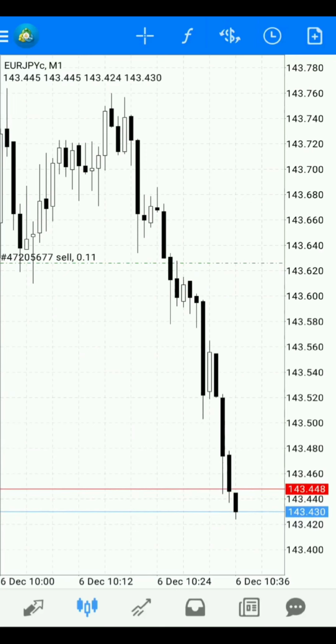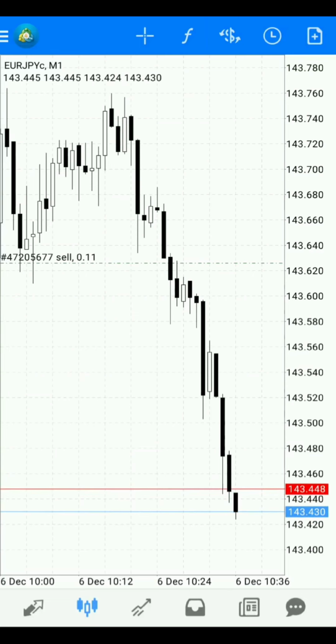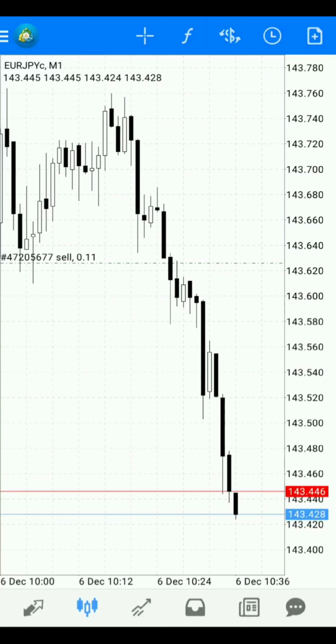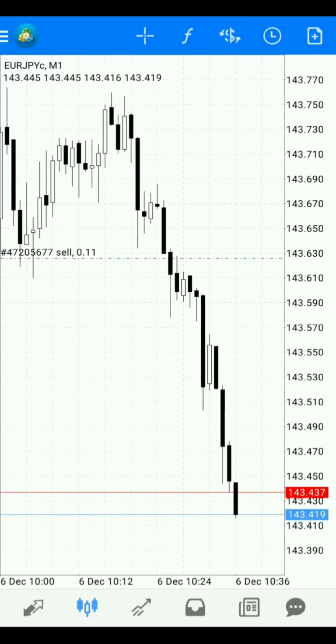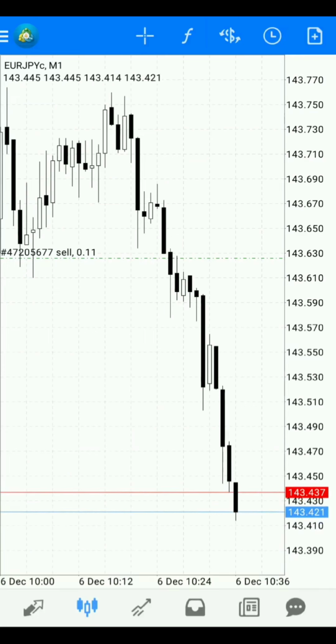So I think I should use the word direction. The A leg is a move in one direction. The B leg is the move in the opposite direction. And the C leg is once again a move in the first direction. So we got A, B, C, and the C leg takes out the liquidity. This is called an ABC pattern.